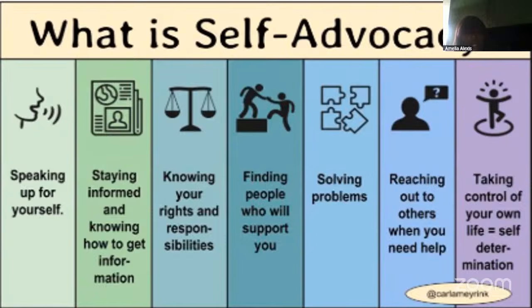Self-advocacy is critical because there will be situations in which you need to speak up for yourself. You need to stay informed and know how to get your information from credible sources, where the resources are, how to access these resources. You're also responsible for knowing your rights.